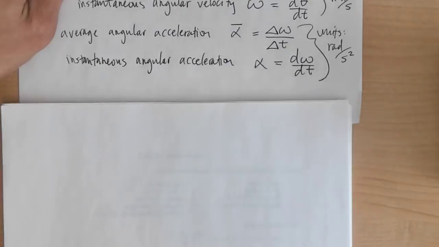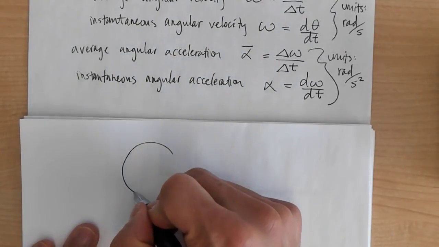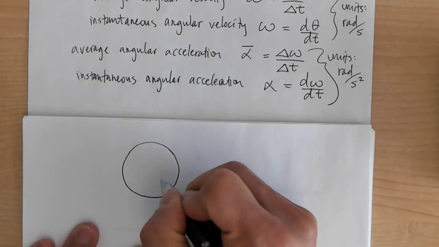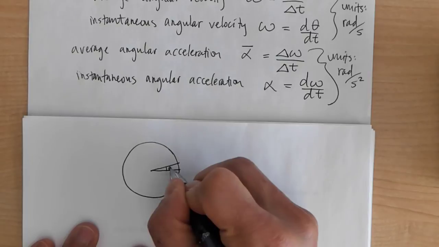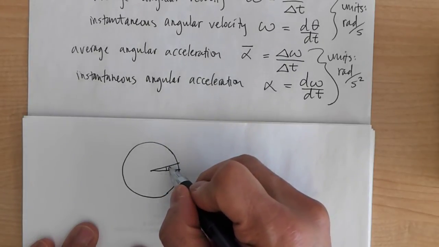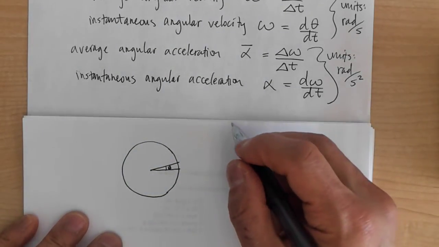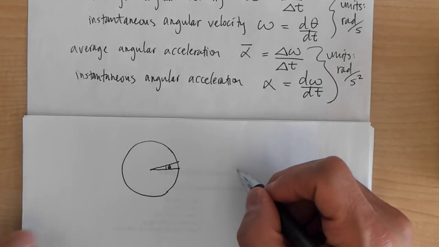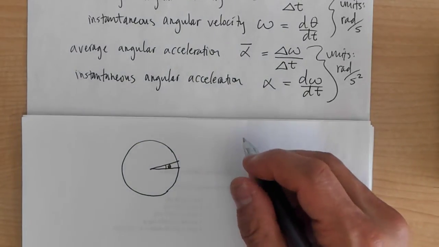Now, we already did this, but we make a connection between the arc length, the radius and the angle. If I have an angle theta here, it's a little too small, so let's make the drawing a little bit bigger.